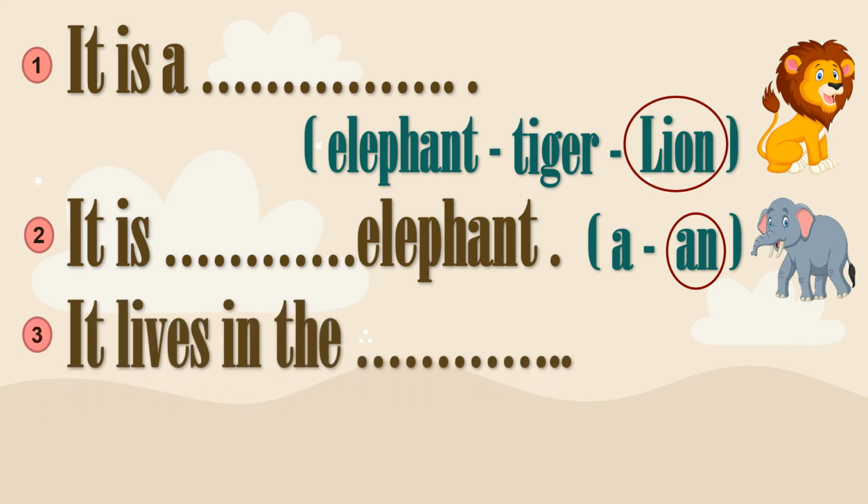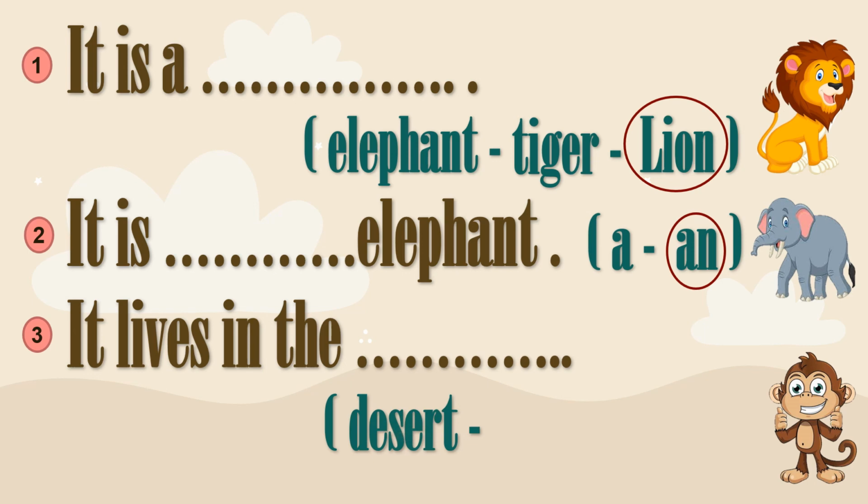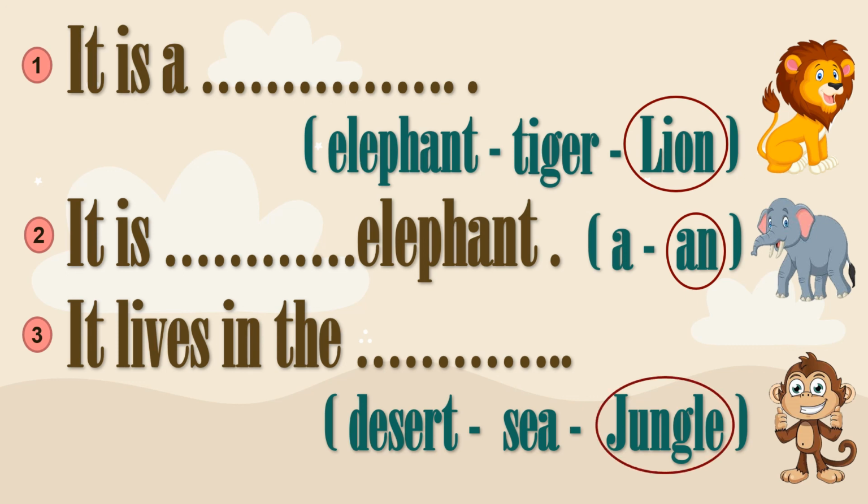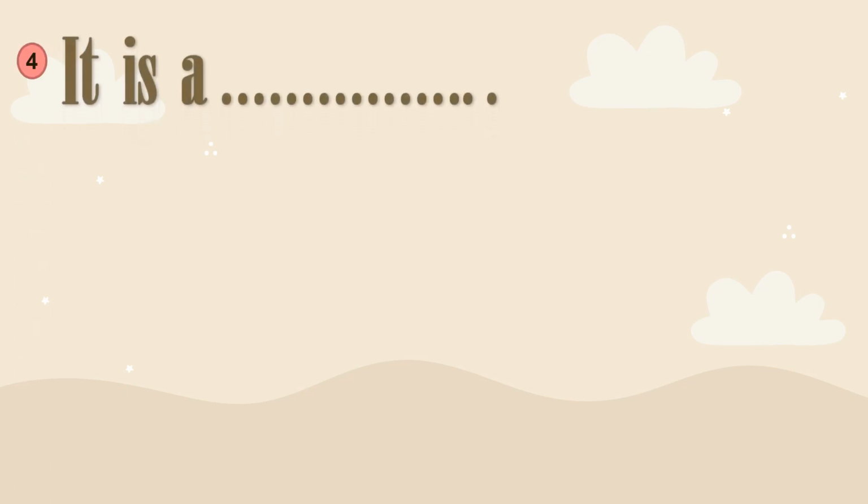Number 3. We see monkey. It lives in the desert or sea or jungle. It lives in the jungle. Clever boys. Number 4.